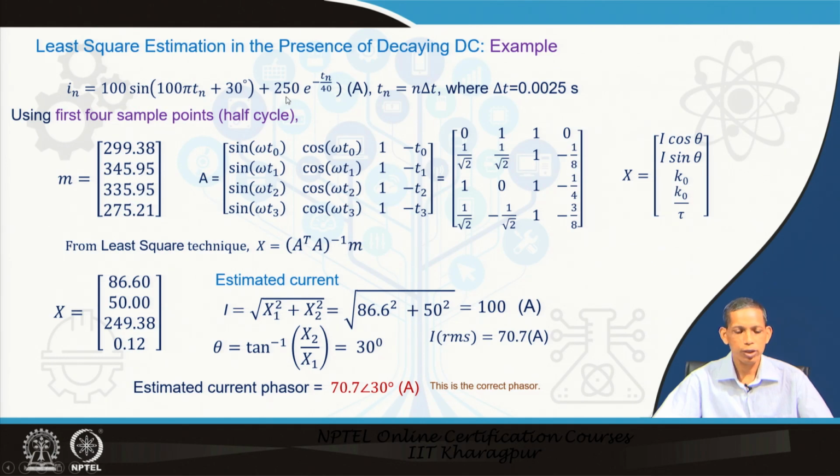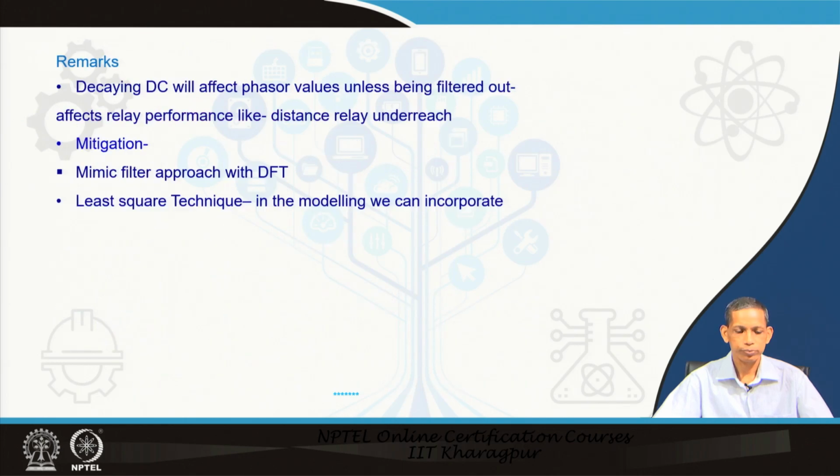Even though the signal is contaminated by decaying DC, 100 by root 2 is nothing but 70.7, so we correctly got the phasor using this least square technique, where we have modeled the decaying DC component. Thus we see that the least square estimation technique is able to eliminate the decaying DC component successfully.